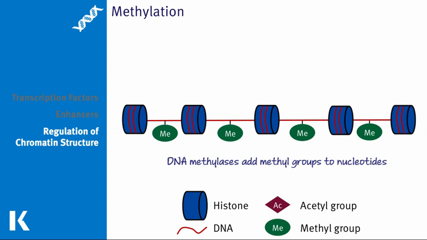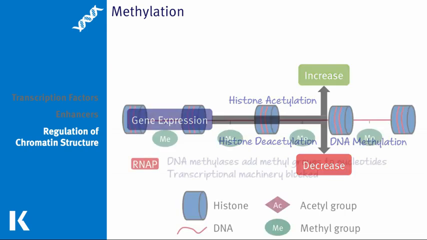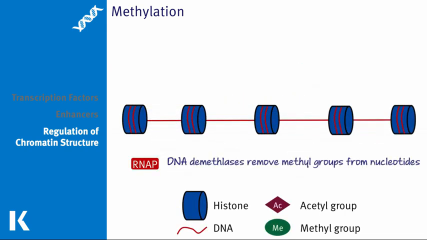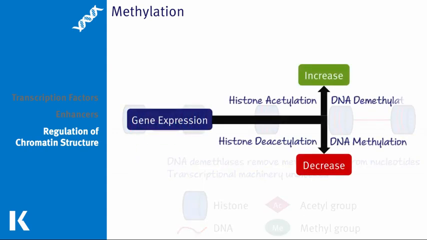Like manipulating acetylation on histones, changing up methyl groups on DNA can either increase or decrease gene expression. DNA methylase sticks methyl groups on the DNA so the transcription complex can't bind. Adding methyl groups decreases gene expression. But taking away methyl groups, which is done by DNA demethylase, increases gene expression by creating more space for the transcription complex to bind.